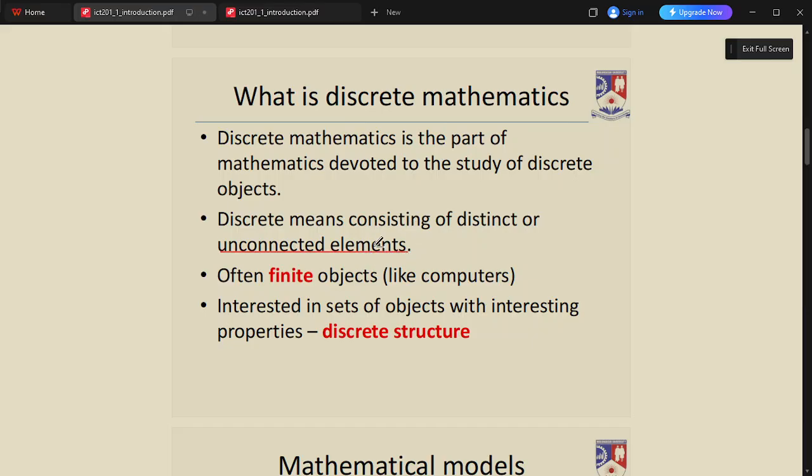So to make this one definition, we can say discrete mathematics is a branch of mathematics that deals with discrete objects, often finite objects like computers, and it is interested in sets of objects with discrete properties, meaning distinct, or rather different, objects.